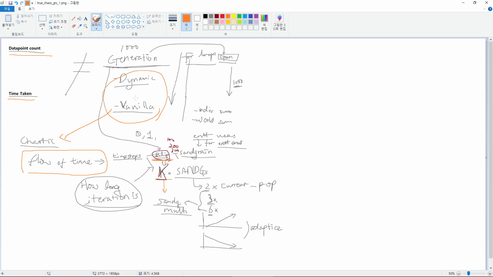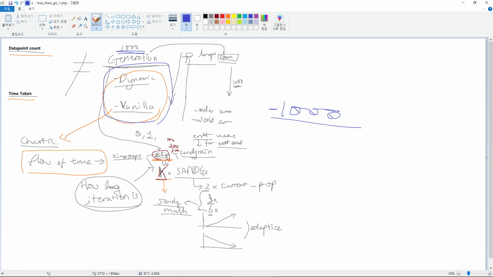In this setting right here, again, if the total number of generations was set to 1000, I would have 1000 records of whatever I'm trying to record.